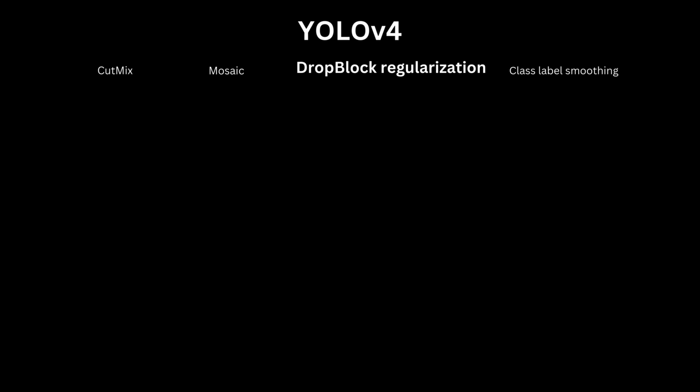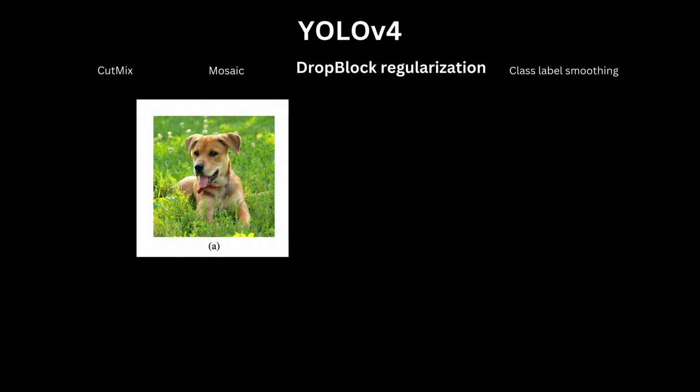Moving to Dropblock. So this is a regularization technique, and usually in our neural network, we would use dropout as the regularization technique. So let's first understand why Dropblock was even introduced. In images and feature maps of a convolution network taking images as input, spatially adjacent features exhibit strong correlation.